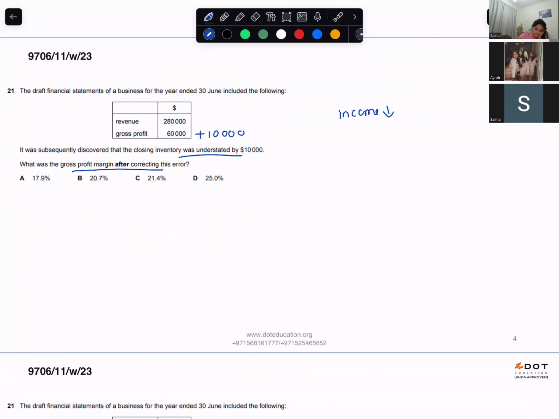So gross profit would be 70,000, so gross profit margin would be 70,000 upon 280,000 into 100. It will become 25%. The option is D.